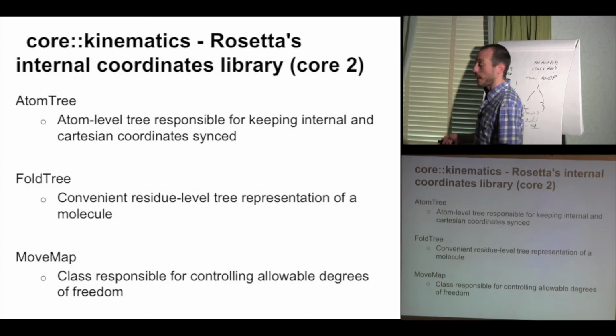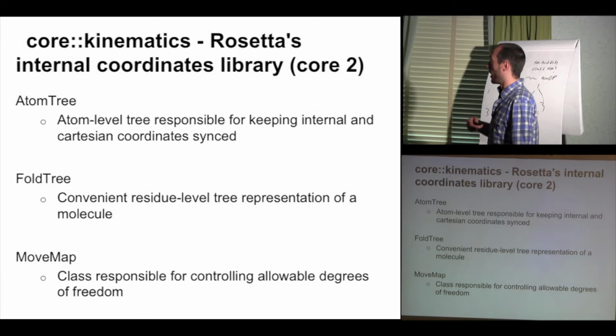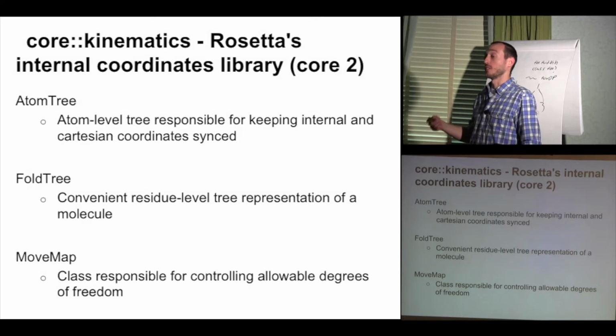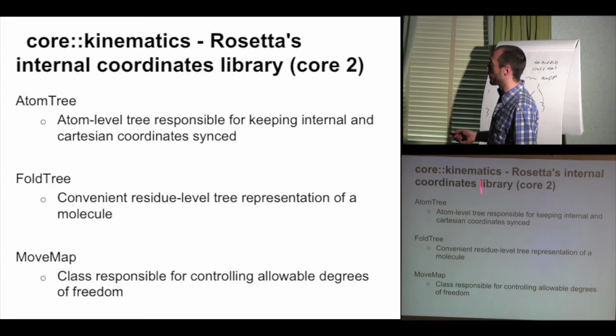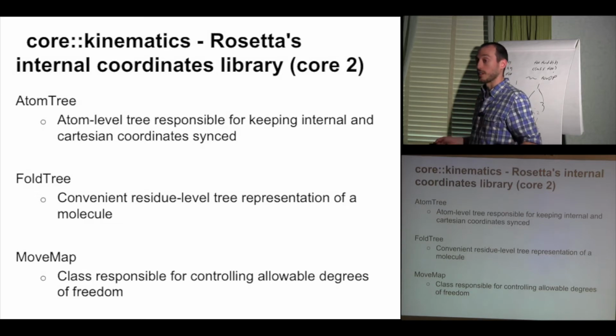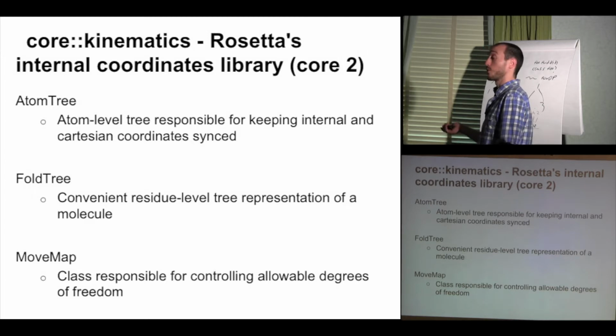So the core kinematics library is where Rosetta defines all of its internal coordinate information. The three classes I'm going to talk about in this library are the atom tree, the FoldTree, and the MoveMap. I'm going to gloss over the FoldTree because we're going to go into it in more detail in the afternoon tutorial. The atom tree is responsible for keeping the internal coordinates and the Cartesian coordinates synced.